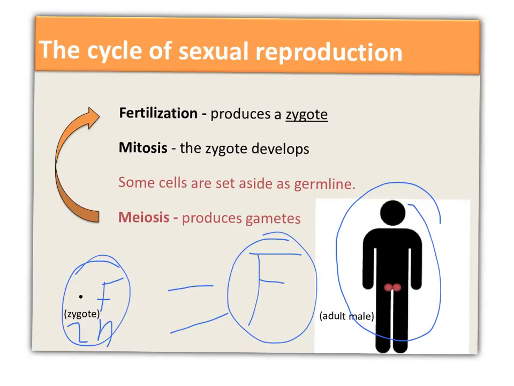So these gametes are 1N. They're haploid. Fertilization produces a zygote. Then with mitosis, the zygote develops into a whole organism, in other words, another human, or any other multicellular organism, or single-cell organisms. The only cells that do this are in the germline.